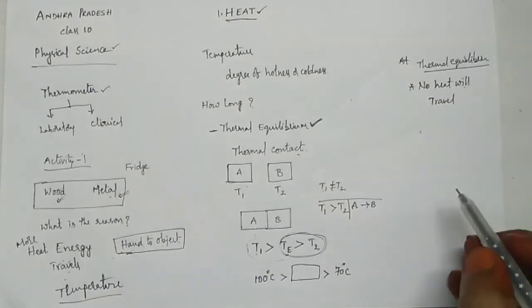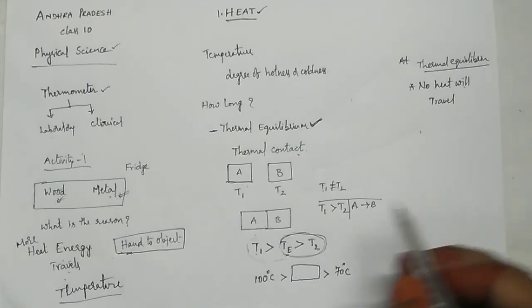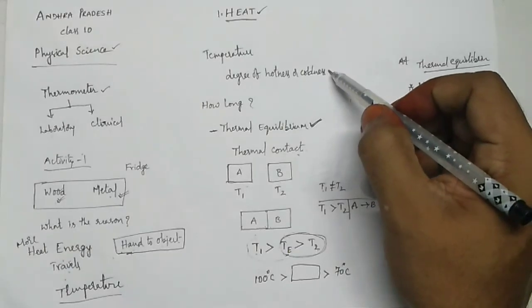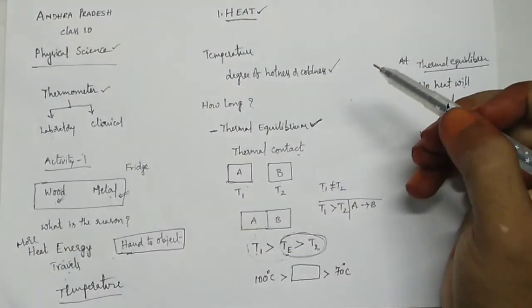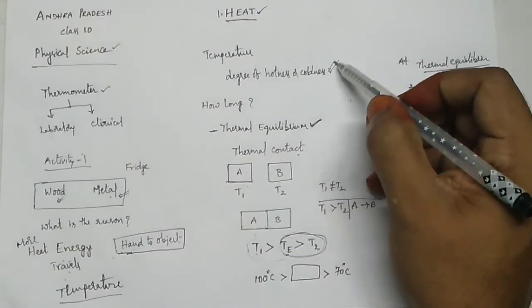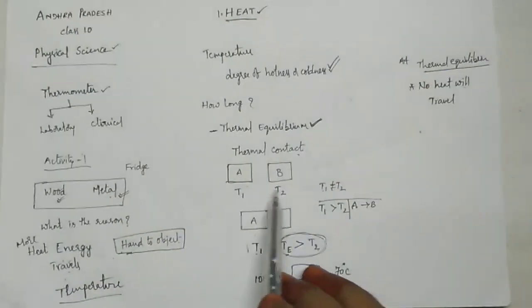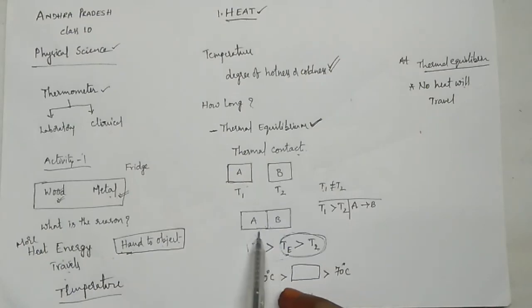In this, we understand a few things. Let me revise. The degree of hotness or coldness is called temperature, and if bodies of different temperatures are brought in contact, then heat energy will travel across them.